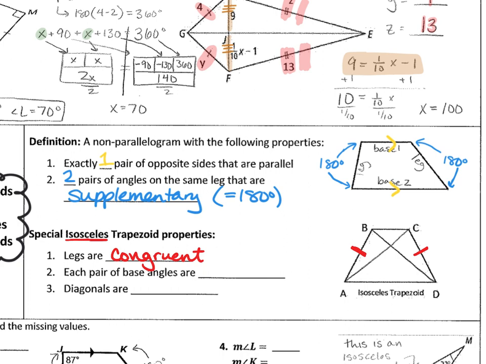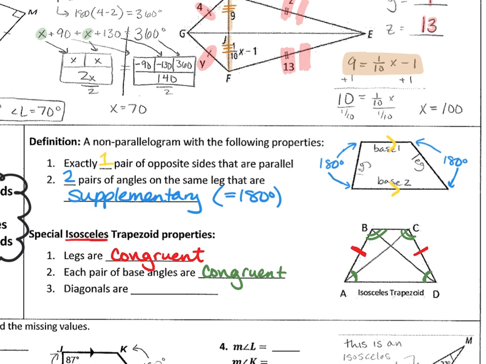Since those legs are the same length, that then means that each pair of base angles are congruent, meaning angle A and angle D are the same, the base angles, and angle B and angle C are the same, the other base angles. So both the top angles and the bottom angles, if it's a flat trapezoid, are the same.